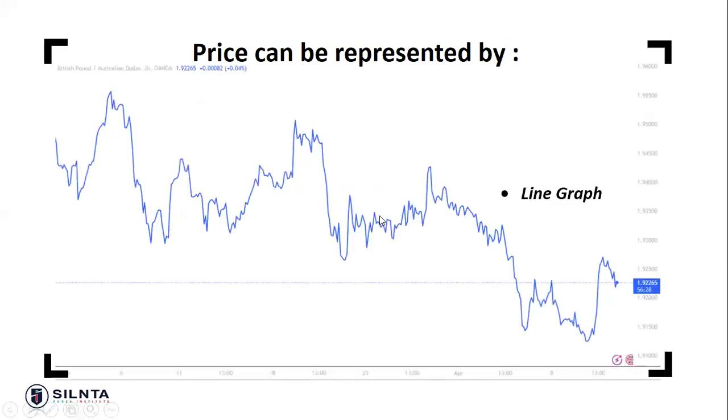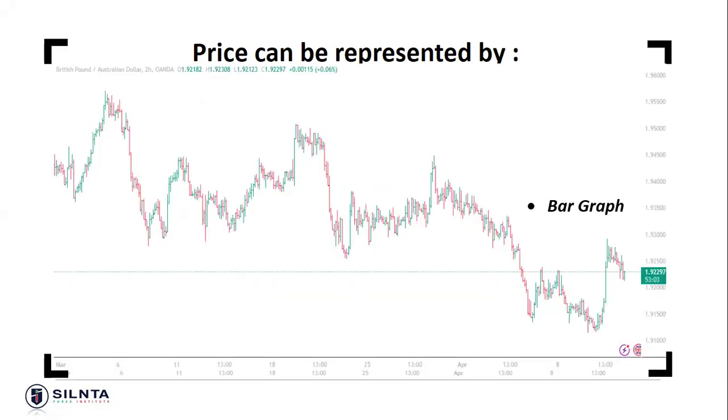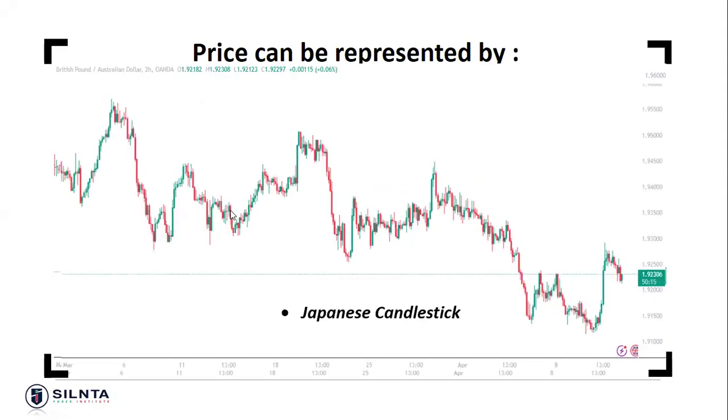Okay, price can be represented either by a line graph, like what we have here, or by a bar graph, like we have here, or it can be presented by the famous and most powerful Japanese candlesticks.